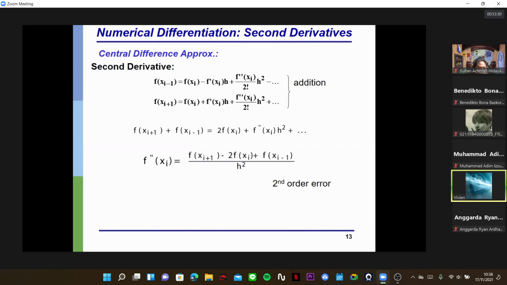So it means that to find the value here, now it's not only dependent on x_{i-1}, but it also depends on x_{i-2}. So when we increase the order of accuracy, the number of dependencies on other points also increases.